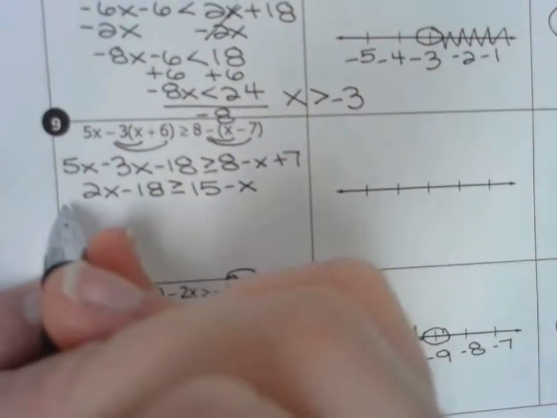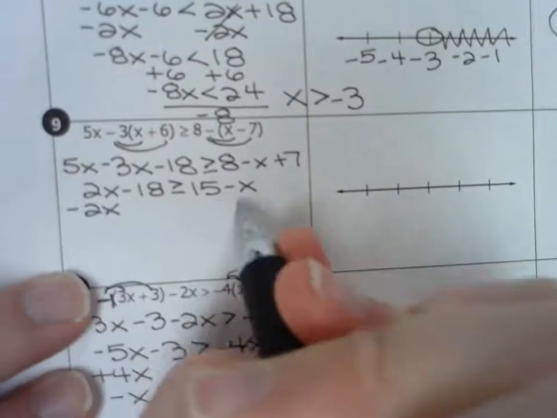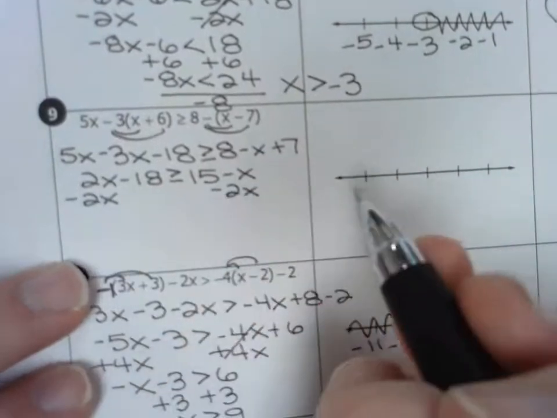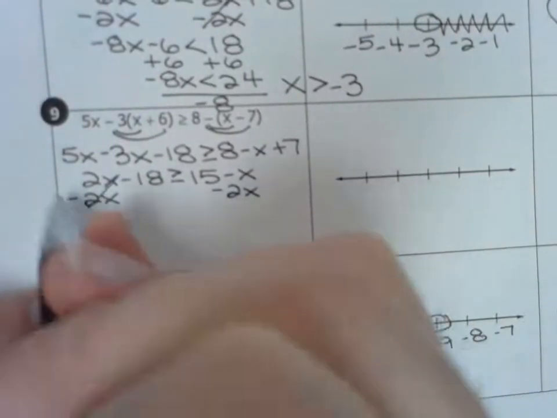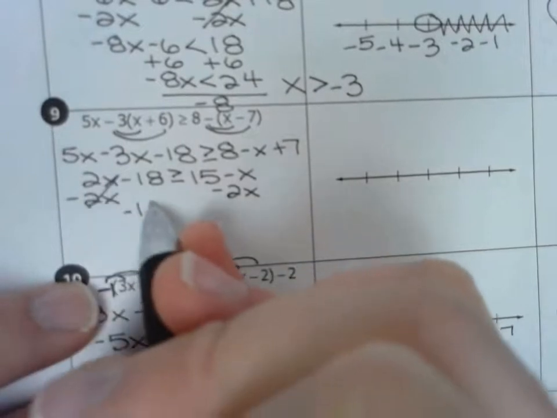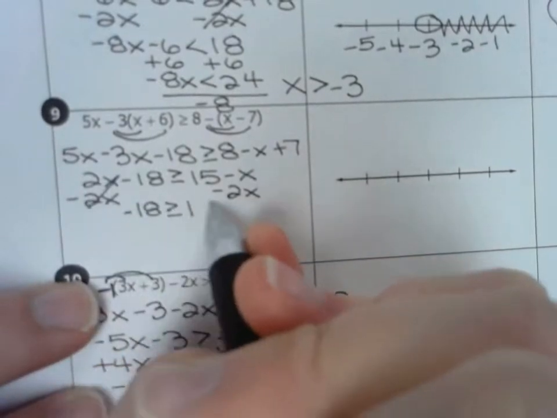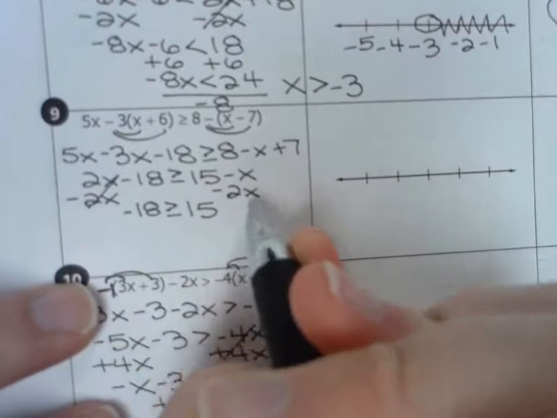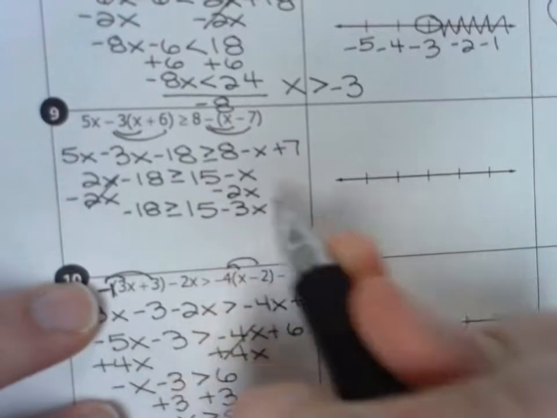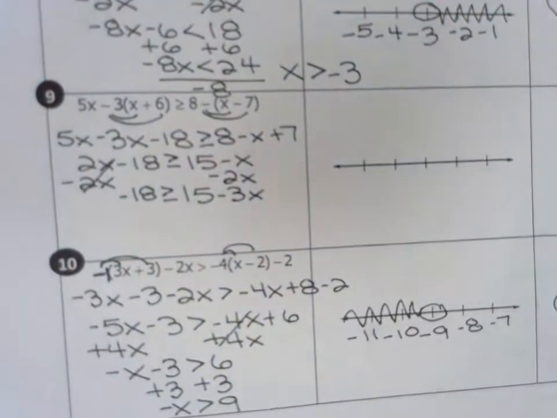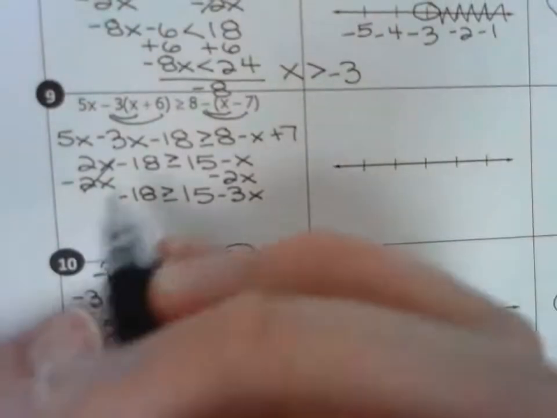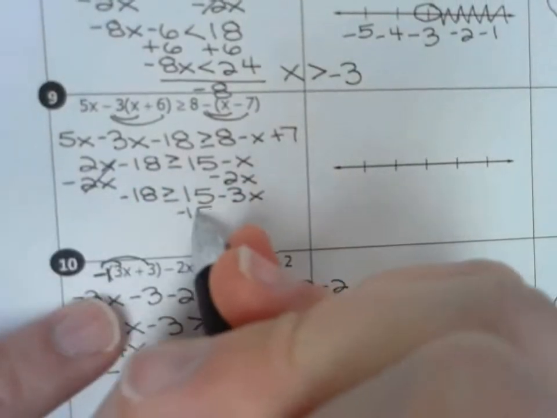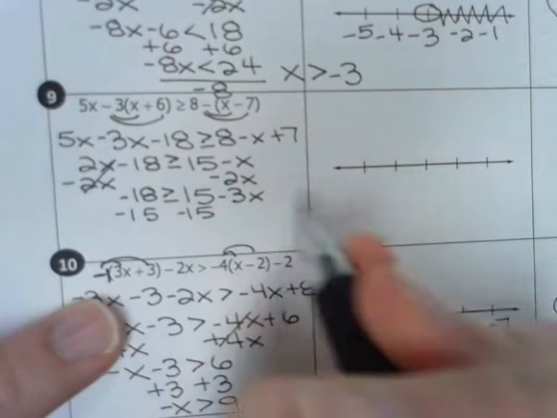Let's go ahead and get your variables together. So I'm going to subtract 2x to the right side just to switch it up. Start from the left. 2x's cancel. Negative 18 is greater than or equal to 15, negative x minus 2x is negative 3x. It doesn't matter which side you take the variable, you'll get the same answer. Let's subtract 15, so minus 15, to get the x together.